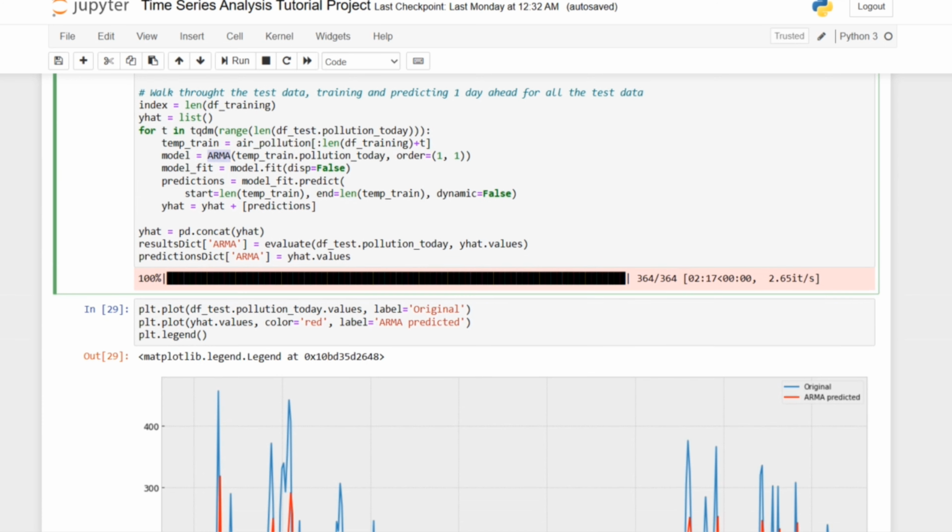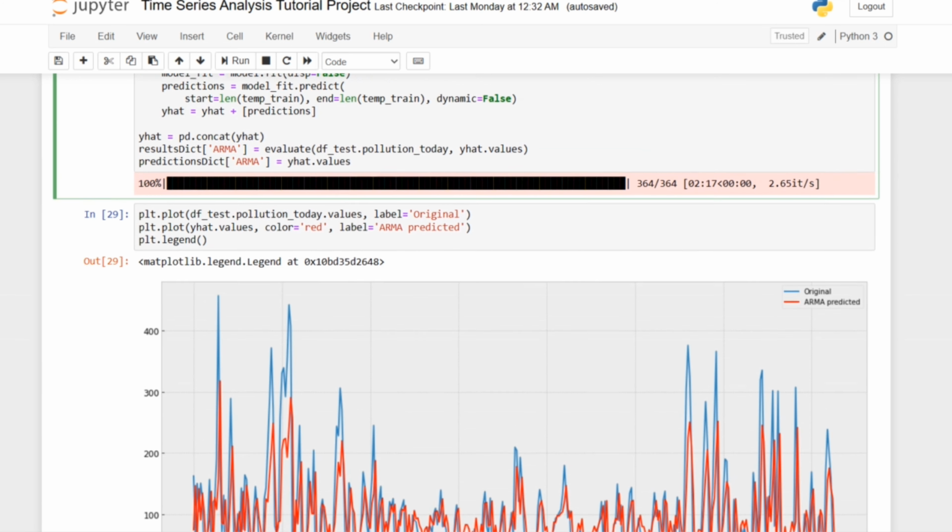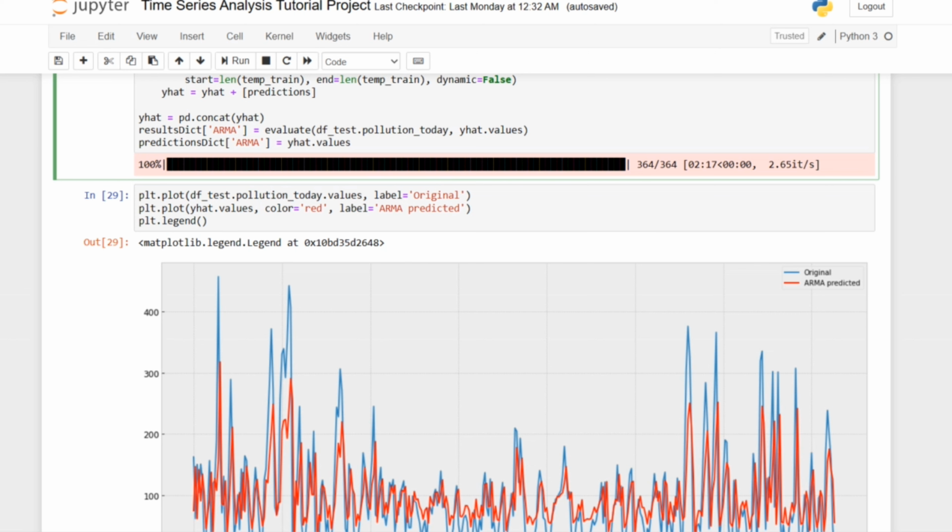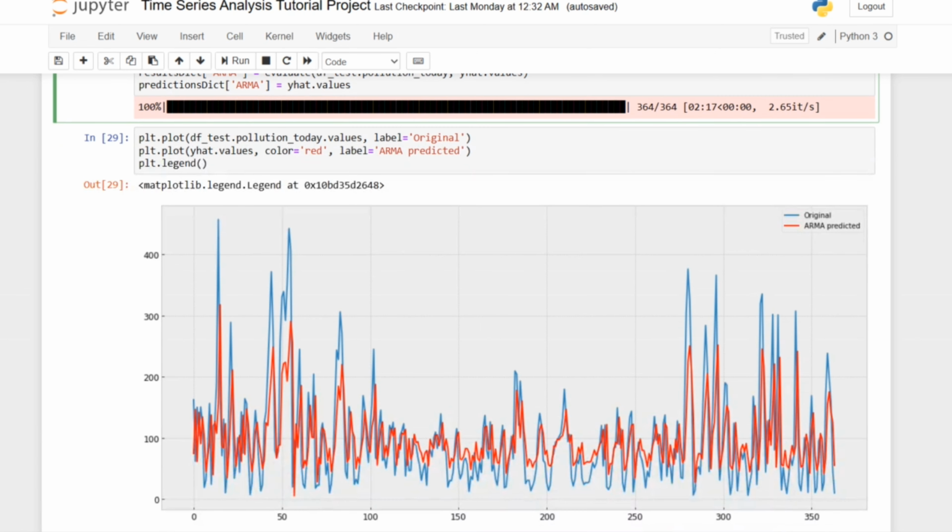Now we can try to plot, guys, and see how the predictions compare with the original values for the ARMA model. You can see the ARMA model is definitely kind of similar to the original. However, if you see at this point where I'm pointing, although it is kind of mimicking the peaks, the peak is not accurate.